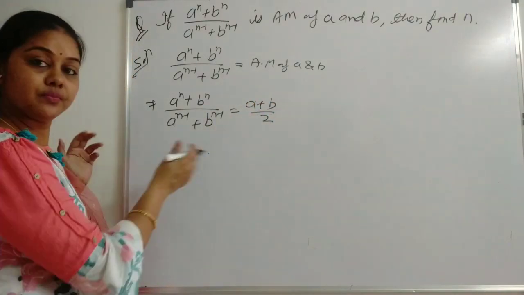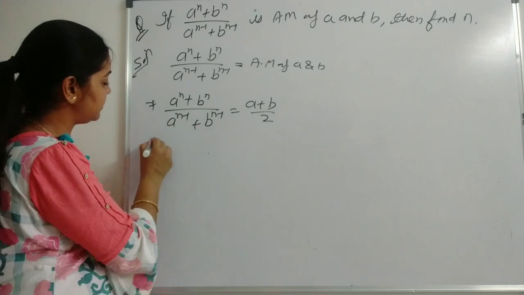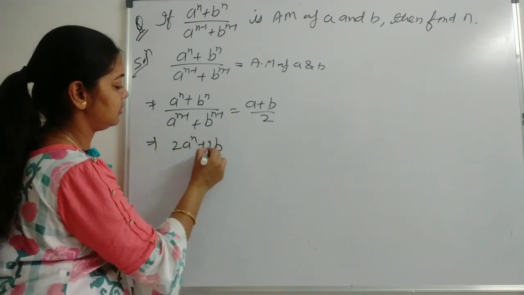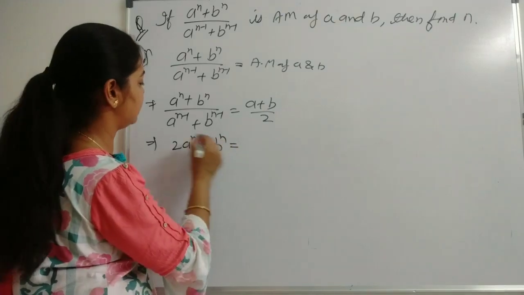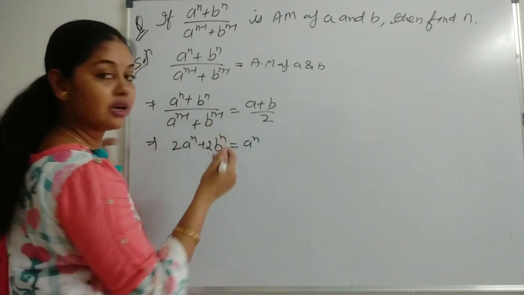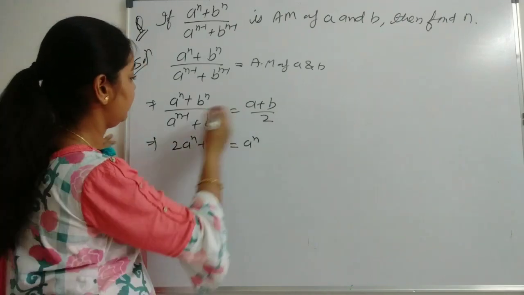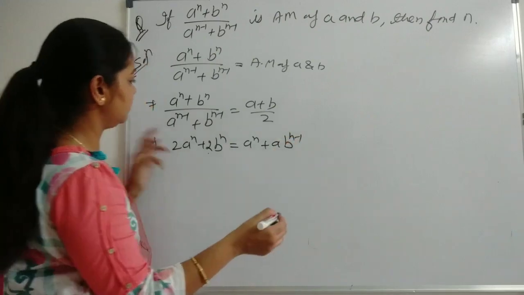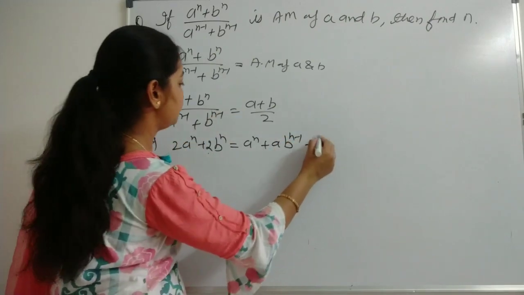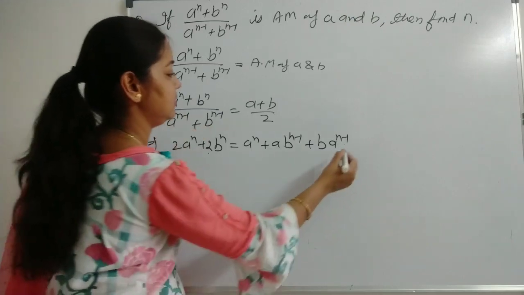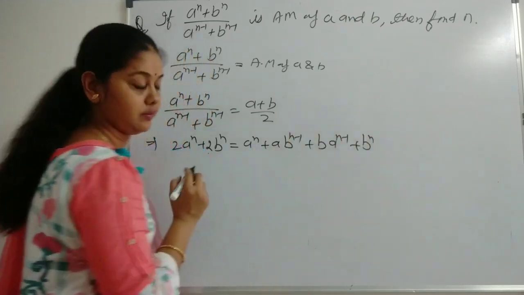Simply cross multiply the terms. We will get 2 times a^n plus 2 times b^n equals a^n plus a b^(n-1) plus b a^(n-1) plus b^n.